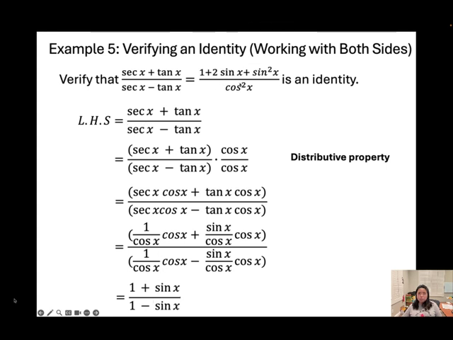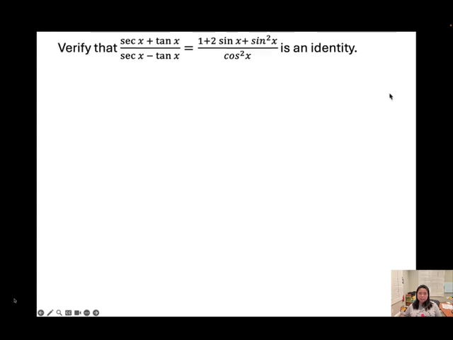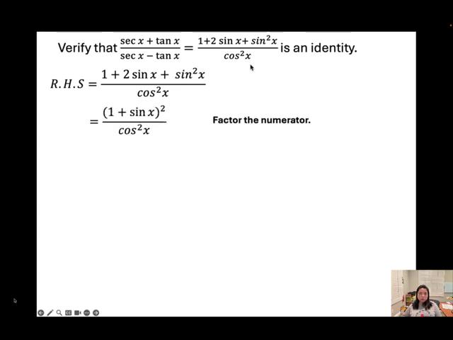Now, I'm going to start with the right-hand side again. On the top here, I should be able to factor out this. You should get 1 plus sine x squared. And then, you know cosine squared x equals 1 minus sine squared x, by the identity.